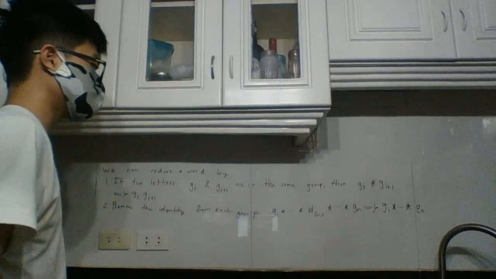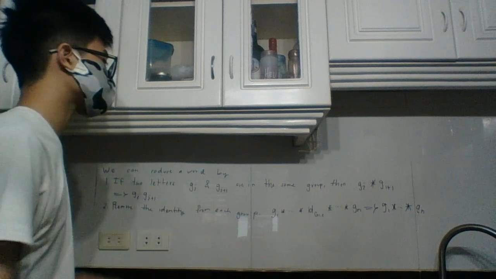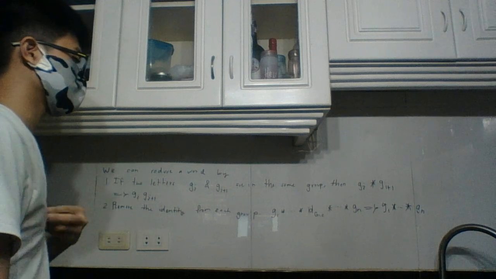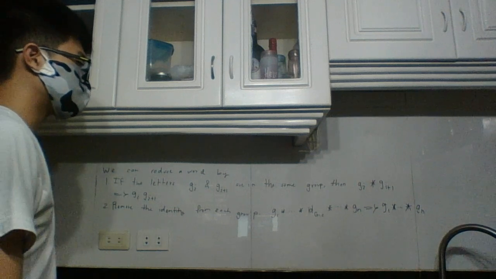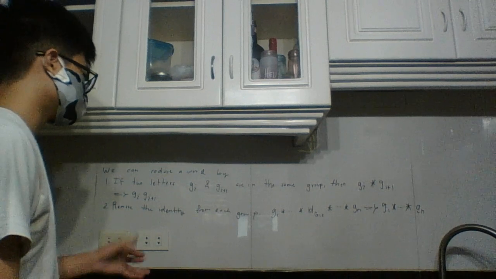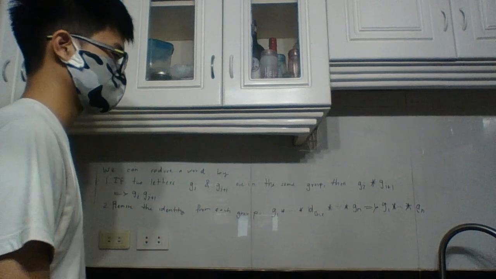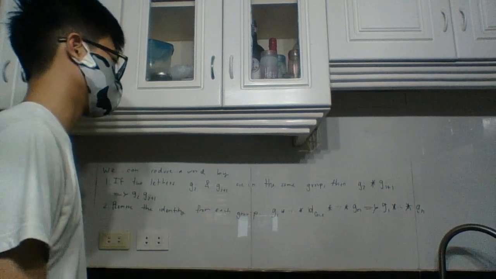In this case, it yields a group wherein the identity is just the empty word. So the identity now is just the empty word. If we try composing these together, we just get 1 or 0, however you interpret it, or the base element.